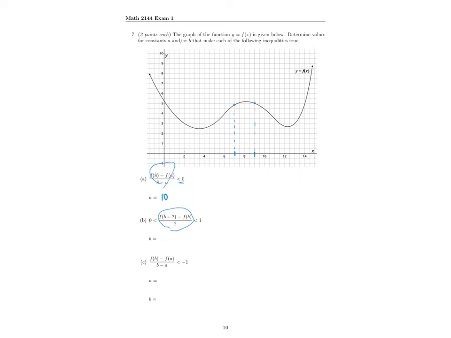It looks like it is. And is that slope less than 1? Yeah, it definitely is, because at 7 it's at like 4.8 or 4.9, and then at 9 it's closer to 5.